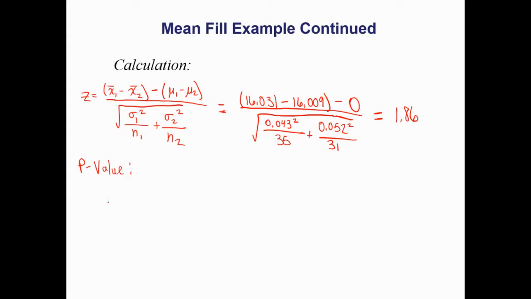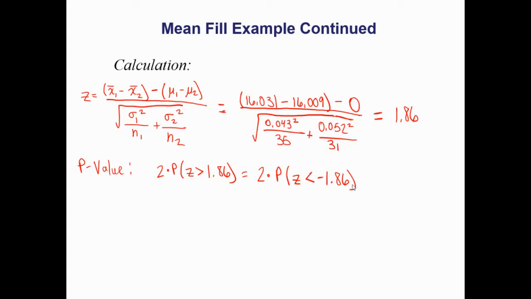So we're going to need to do 2 times the probability that z is greater than 1.86. Could you also do less than negative 1.86? Yes, that's what I was just about to say. That way we don't have to worry about 1 minus. We could do 2 times the probability that z is less than negative 1.86. Thank you.